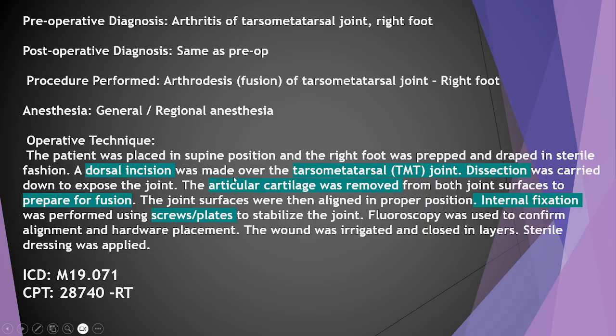A dorsal incision was made over the tarsometatarsal joint and dissection carried out to expose the joint. Articular cartilage was removed from both joint surfaces to prepare for fusion. The joint surfaces were aligned and internal fixation was performed using screws and plate to stabilize the joint. Fluoroscopy was performed, the wound was irrigated, closed in layers, and sterile dressing was applied.